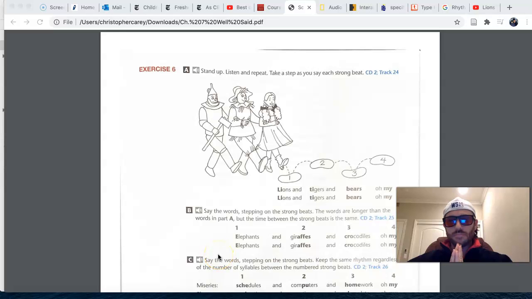All right, everyone, welcome back to Chapter 7, focused on rhythm of words in sentences and phrases in English. This is a fun one. Exercise 6 refers to a movie from a long time ago, I think from the late 30s or maybe early 40s. The Wizard of Oz.